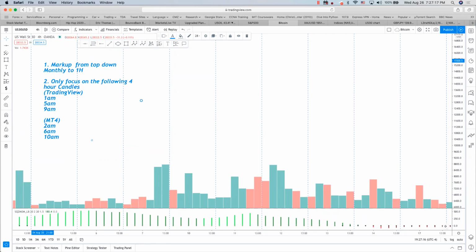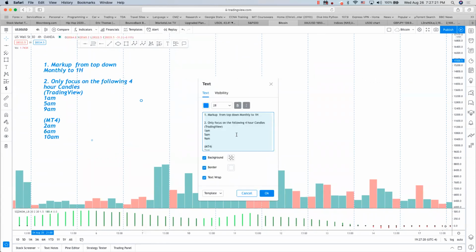Only focusing on these candles, right? 3. Let me make this a little, put it all on one line. And also on TradingView, that 2 a.m. candle looks like it's a 2 a.m. or this is 1300.